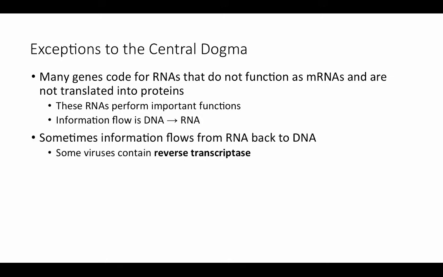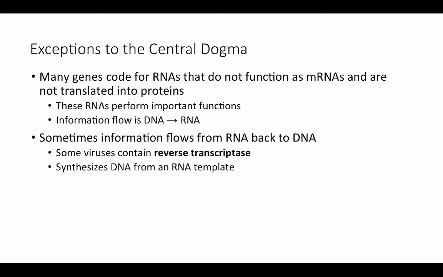And there are also some cases in which information flows from RNA back to DNA, and this happens in certain viruses that contain an enzyme called reverse transcriptase. What reverse transcriptase does is it basically synthesizes DNA from an RNA template.